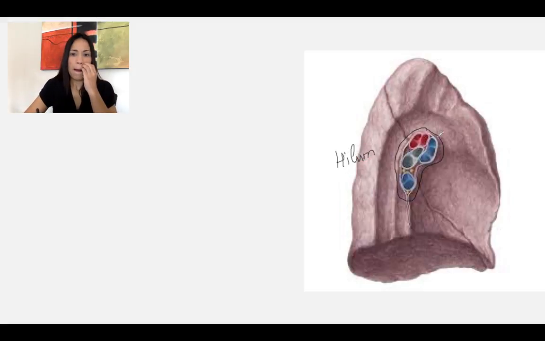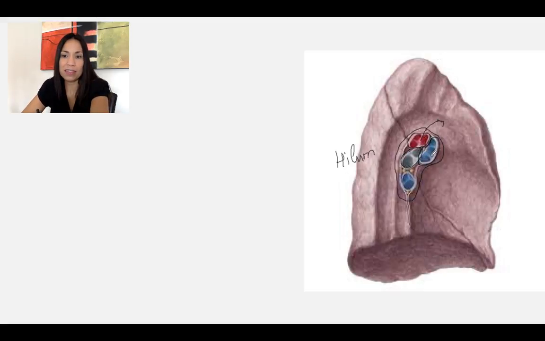Well, in here is where the primary bronchus and the pulmonary arteries get in, and the pulmonary veins with oxygenated blood come out of the lungs. Okay, that's the hilum.